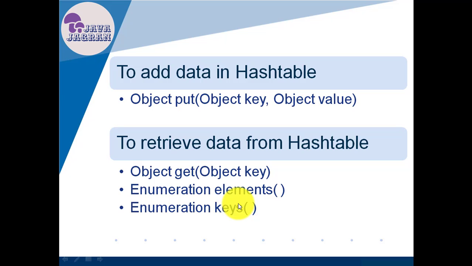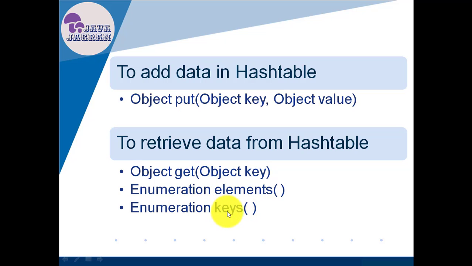Two other methods are there for bulk retrieve operations. One is elements, and one is keys. The elements method will return all the values as an enumeration. It will internally create an enumeration of objects, keeping all the value data, not the keys. Whenever we call the elements method, it will consider only the values and return the enumeration.